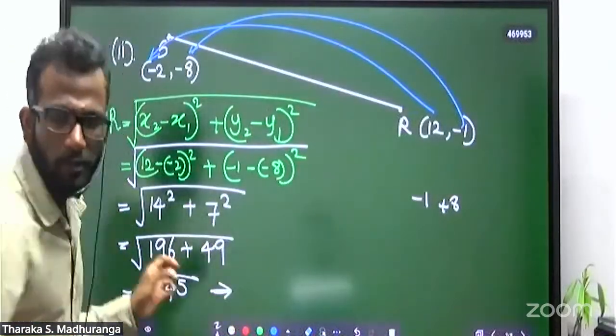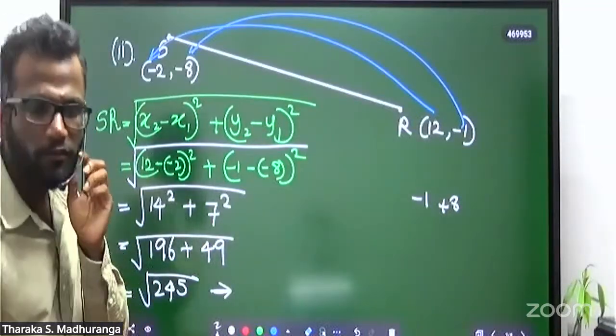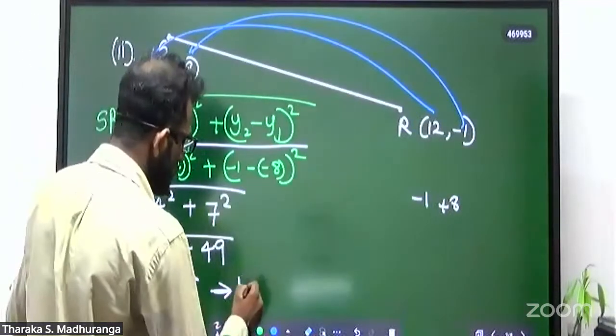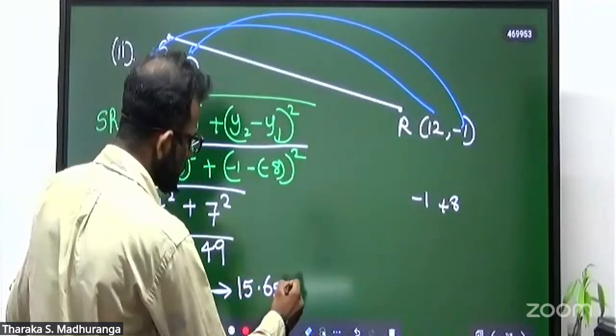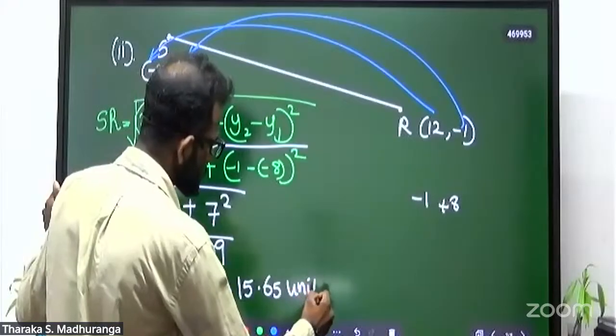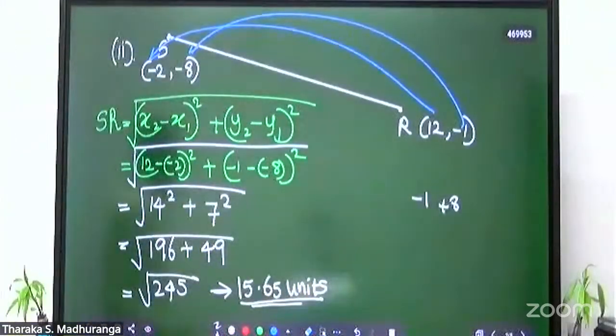Then the decimal value is what? 15.65, no? 15.65 units. Yes, you had missed something. I found your mistake.